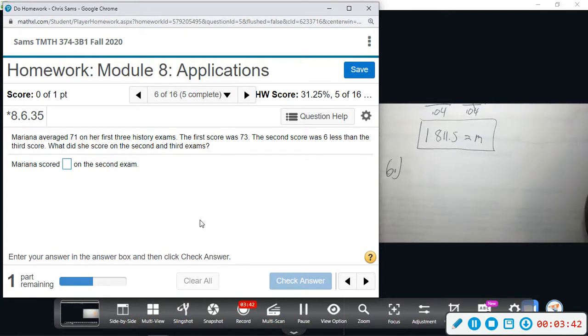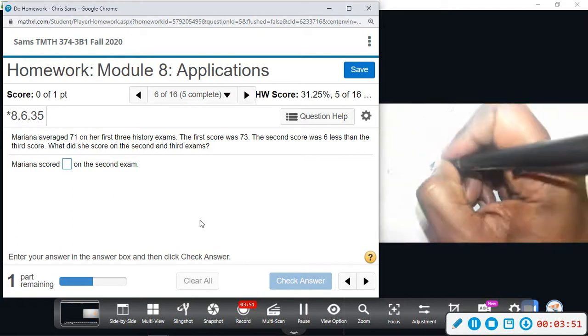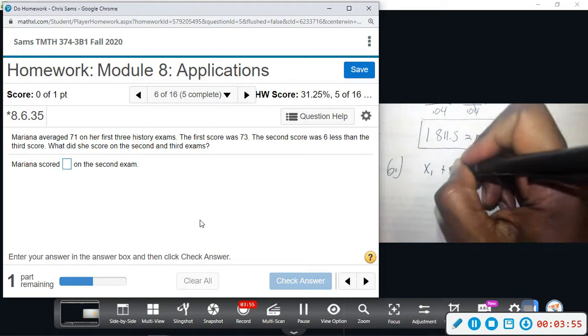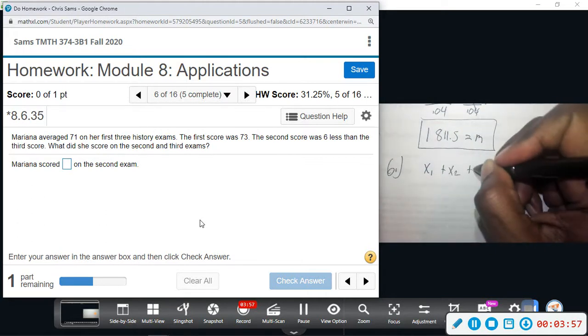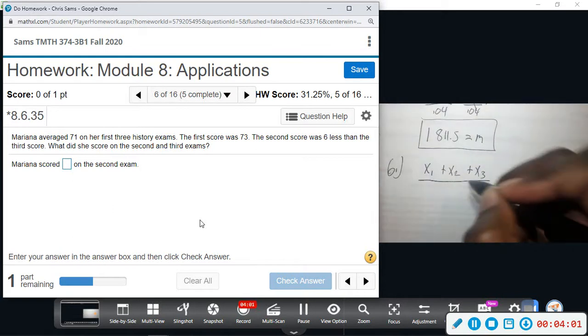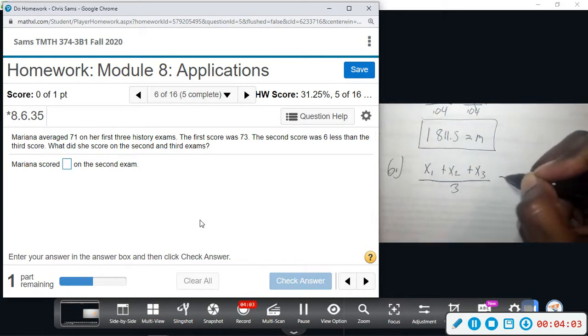Since we have been given the average, we know that average adds up all the terms and divides by how many you have. So we're going to say x1 for exam 1 plus x2 for exam 2 plus x3, all 3 grades divided by 3 equals 71.